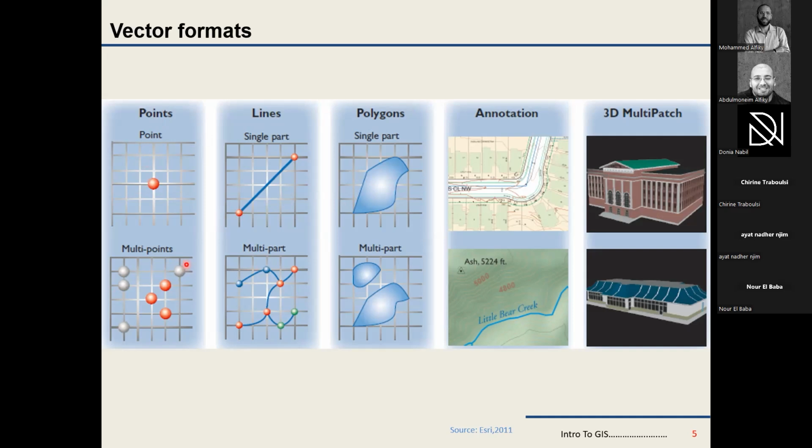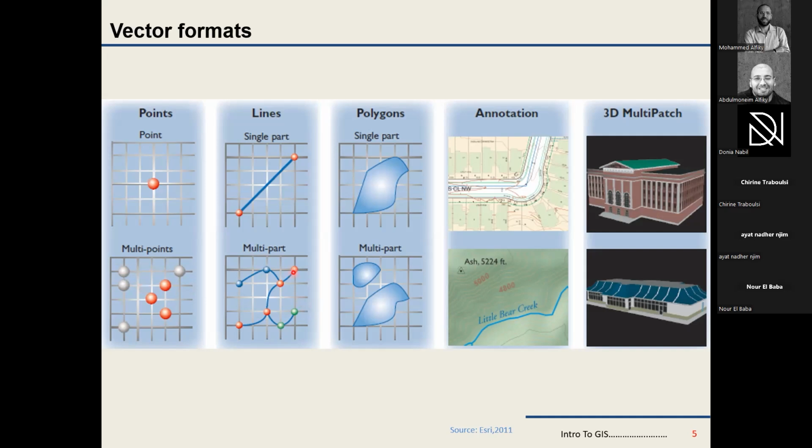Multi-part is a bit different. For example, here we have 4 points that are white and 3 that are red. Those 3 in their entirety will only appear in the attribute table as one record. The 4 white points will also appear as one record in the attribute table.